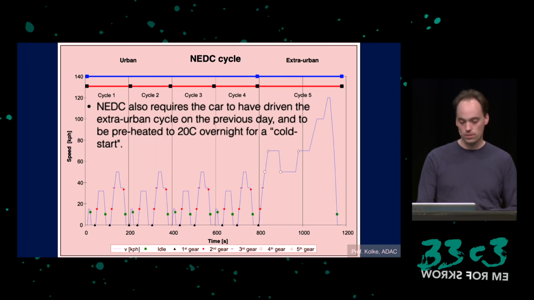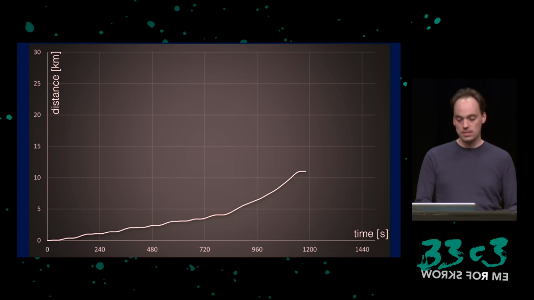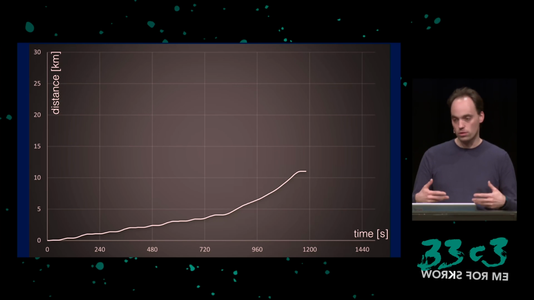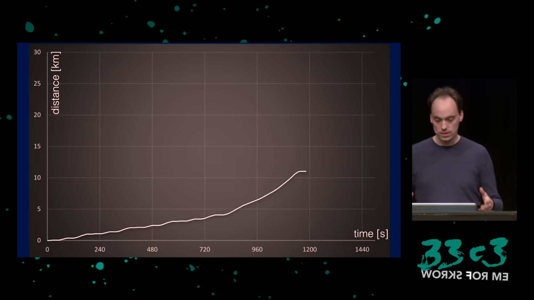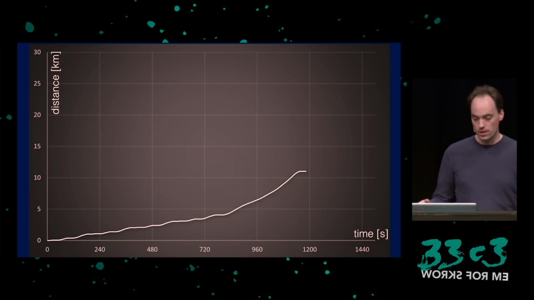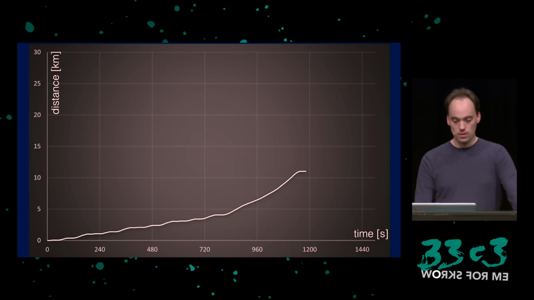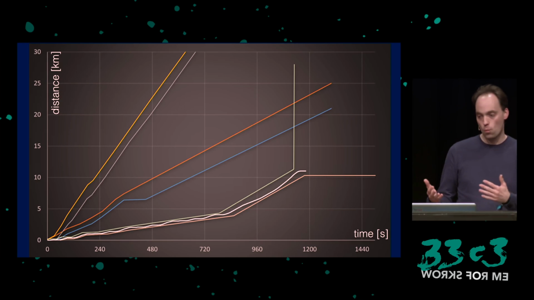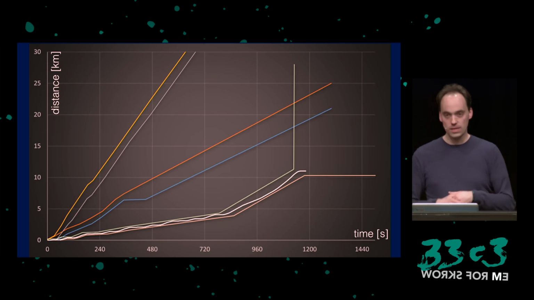So it's speed over time. If we draw this as distance over time, it looks like this. Well, you're not really moving the car because you're doing this in a lab on a dynamometer, but this is the distance the car thinks it has moved. And if we overlay this with the curves we found in the software, there's a perfect match. So this is the way they describe the test cycle.